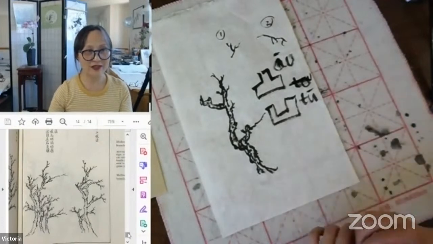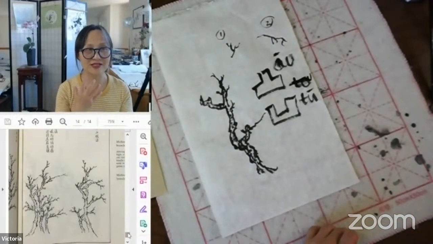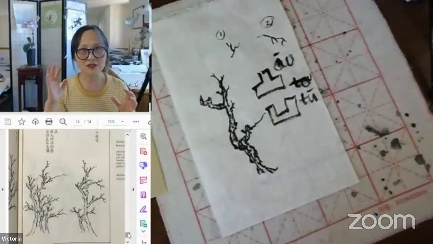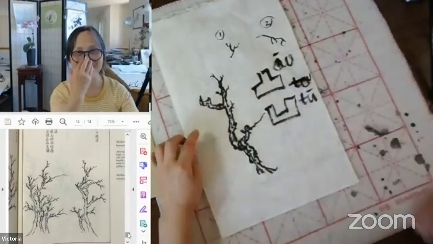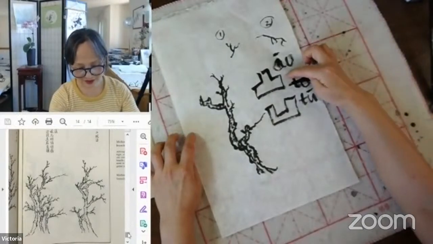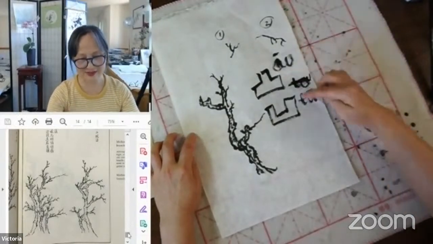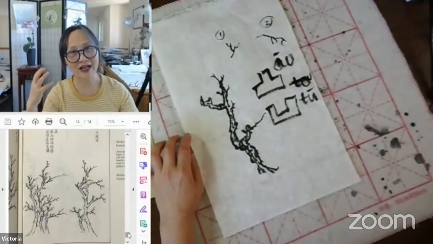So in Chinese painting, no matter four ways, or the nose, the three sides, we talk about something concave, some convex. In Chinese painting, we talk about yin and yang.